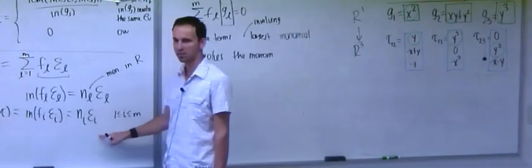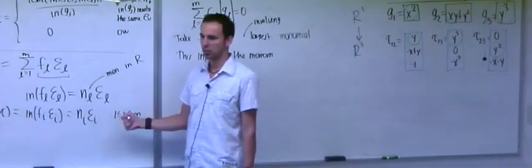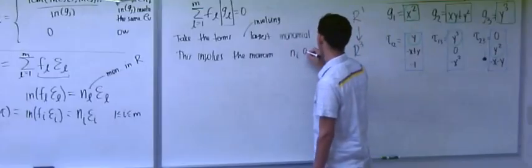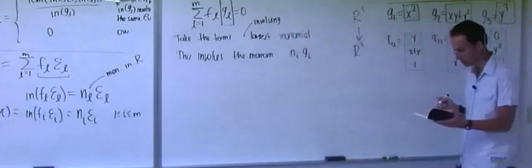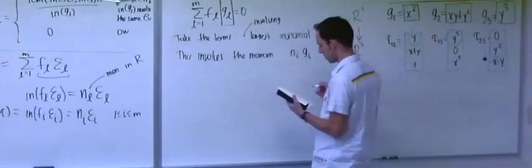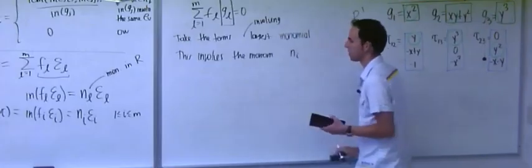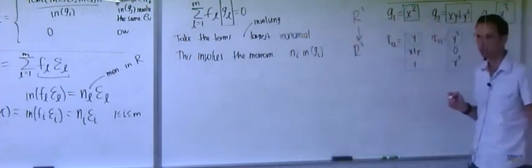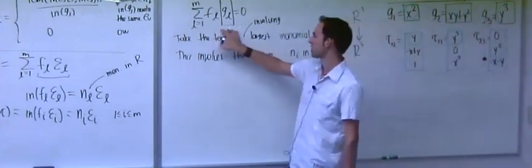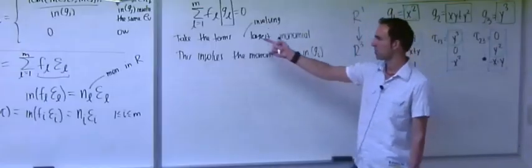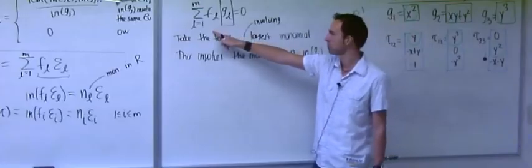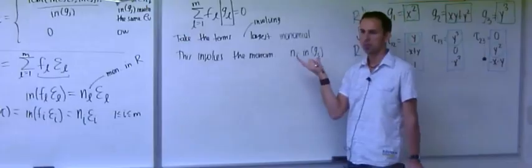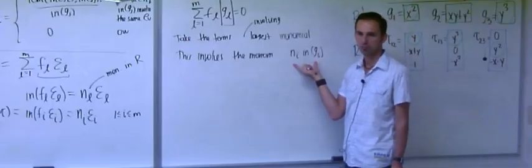N_i epsilon_i is the largest degree term in the syzygy, so this is the largest degree that exists in this equation. Sorry, N_i times the initial term of G_i. This is the largest possible thing that can occur here, and it must occur several times because it gets cancelled. If I look in this sum at all the terms of this degree involving this monomial, they have to cancel out.